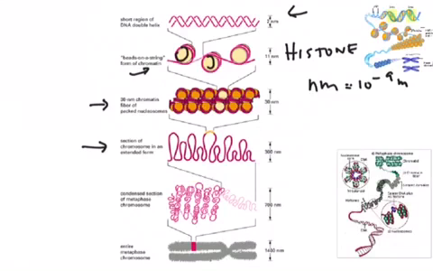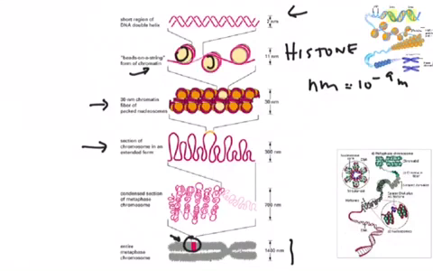And these loops are then folded again into a section of a chromosome, which is now about 700 nanometers thick, and of course the double-stranded chromosome together about 1400 nanometers. So we've wrapped an awful lot of DNA, which is only 2 nanometers thick, into a chromosome that's 1400 nanometers thick. So we've packed an awful lot of DNA into this structure.